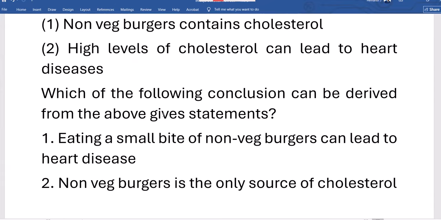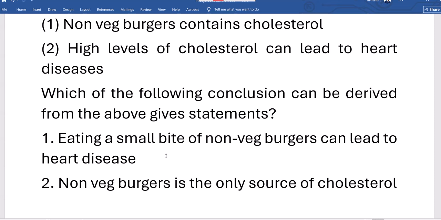Now see this question regarding conclusions. Two statements are given and they are giving conclusions. You have to select one among these conclusions. The statements: non-veg burgers contain cholesterol. A high level of cholesterol can lead to heart diseases. Now which conclusion is correct, you tell me.